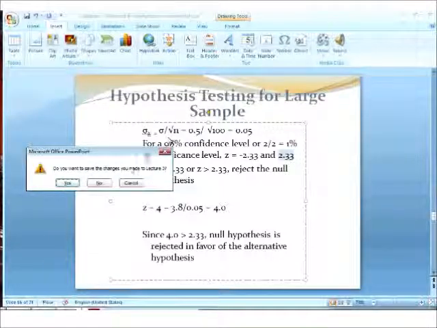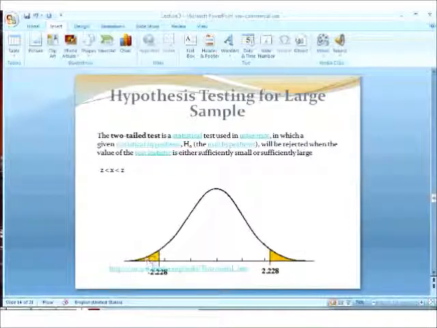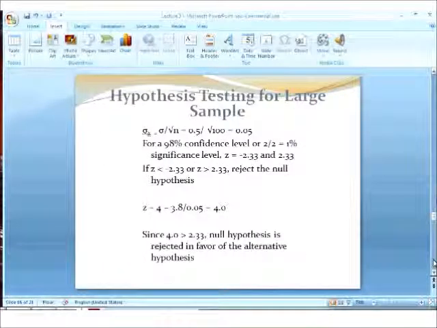So we come here, 1% here, 1% here. For the negative region, the standard z-value is minus 2.33. For the positive region, the standard z-value is 2.33.